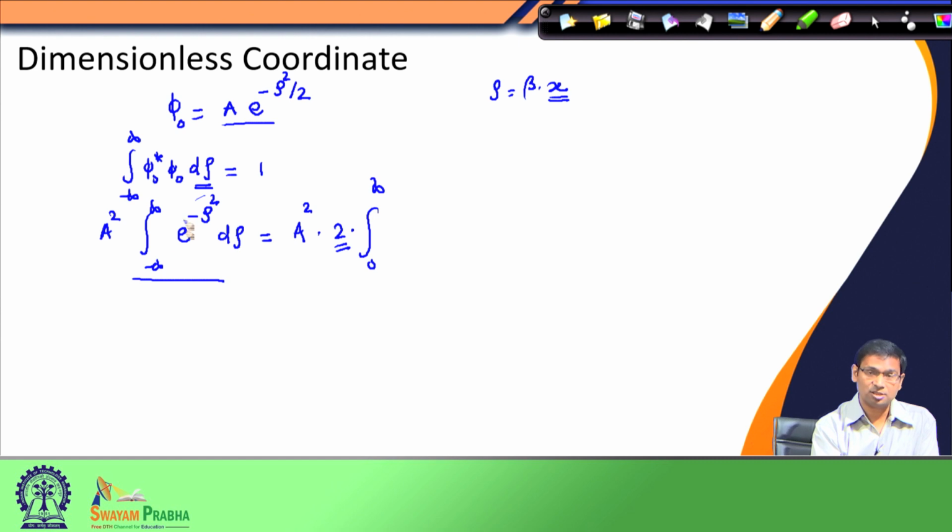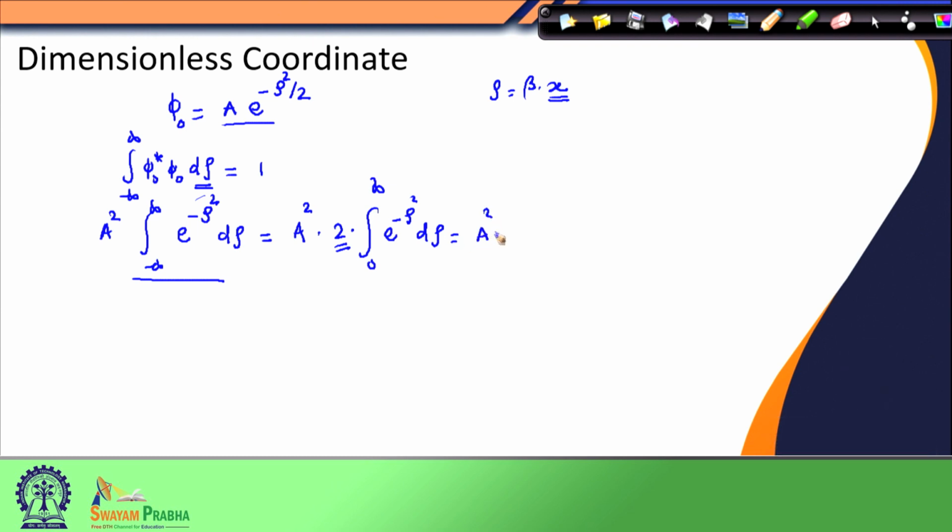So, this gives me twice the value of the integration from 0 to infinity of e to the power minus rho square d rho, and this value I know as square root of half into square root of pi. So, this has to be 1. Therefore, my A is going to be 1 by pi to the power 1/4.